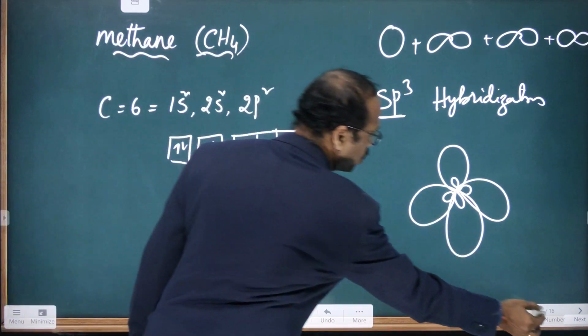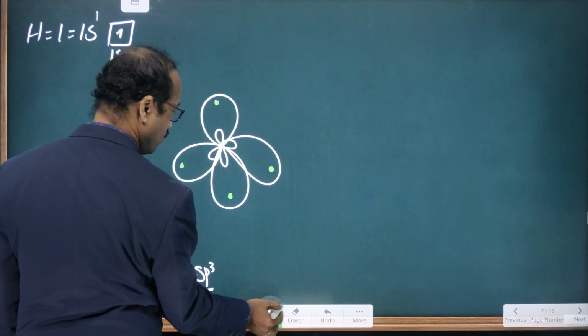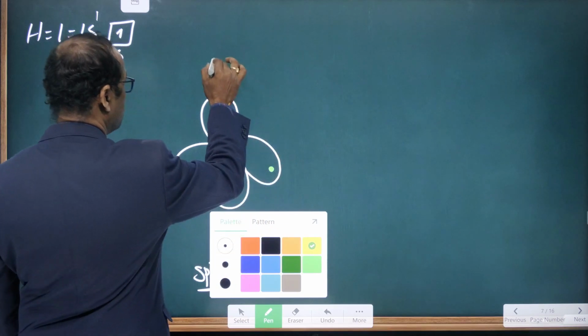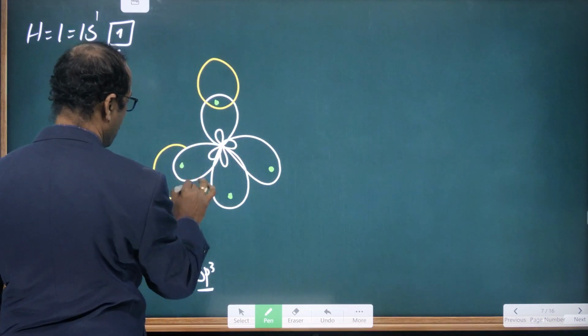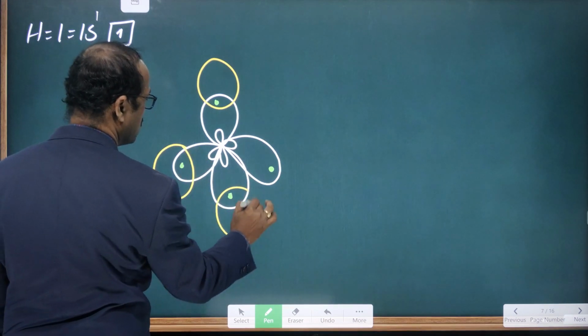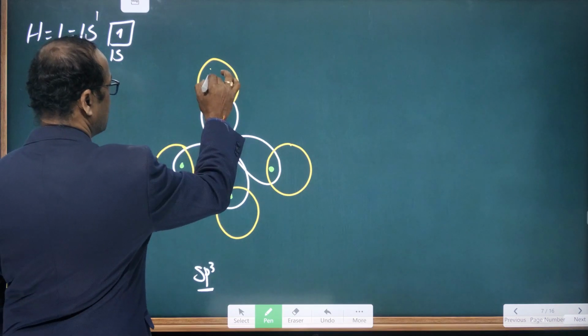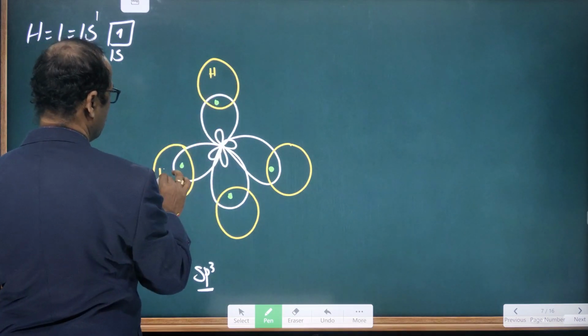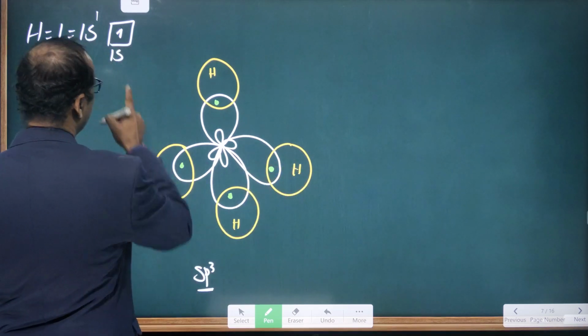So in methane, 1 carbon is combining with 4 hydrogens. So here you see 4 hydrogens combining with these 4 hybrid orbitals of carbon. This is hydrogen, this is hydrogen, this is hydrogen, this is hydrogen. Hydrogen has 1 electron.